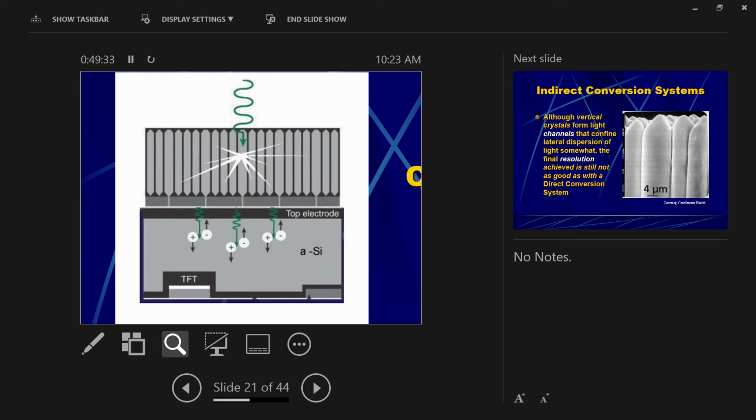The visible light photons are what actually create the current in the deck cell, getting the exposure to be stored on the capacitor. It's visible light that's actually exposing the deck cell. This is why it's called indirect conversion, because you're taking X-rays and converting them into visible light and then converting that into electric current. Whereas direct conversion was directly from X-rays to electric current.